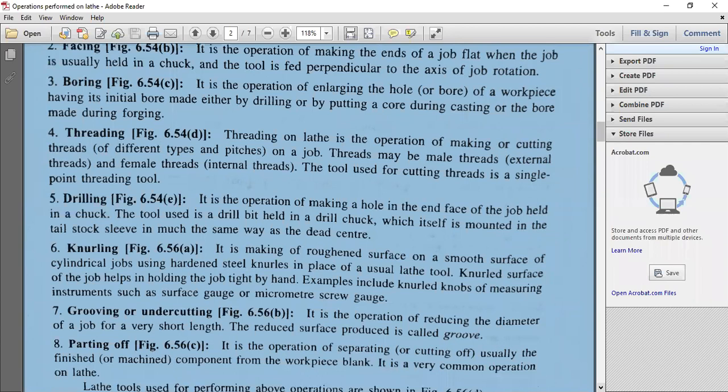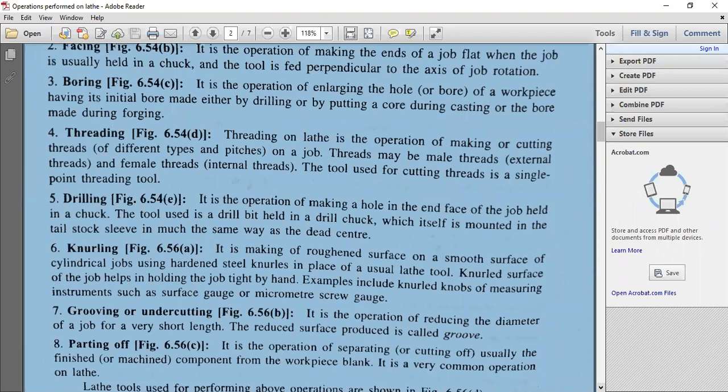So that is why the knurling operation is very important, and we have to have different tools in your tool room. If you use a hexagonal turret instead of a tailstock, you can use all these 6 tools which we have discussed: turning, facing, boring, threading, drilling, knurling. But for more than 6 tools, you have to opt for the octagonal turret in the turret lathe, consisting of 8 tools.